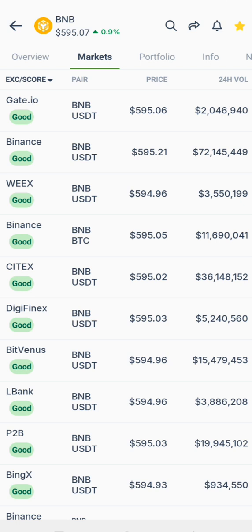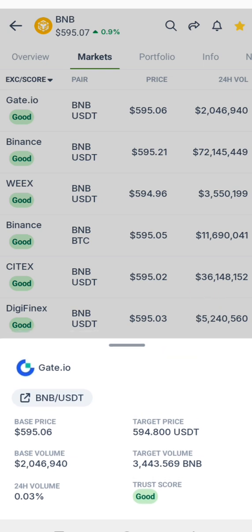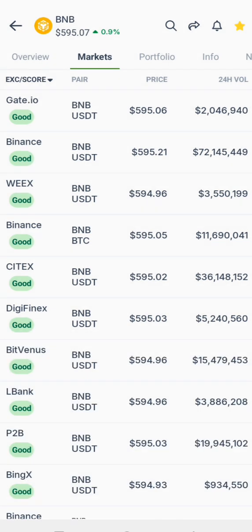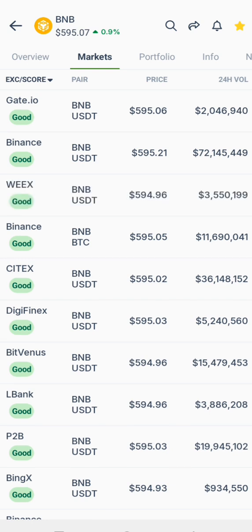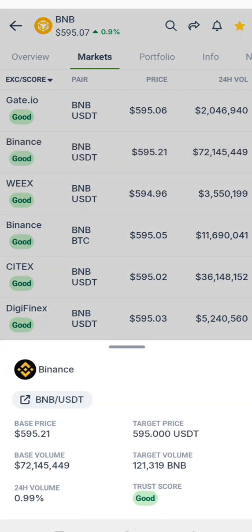So let's go to the main market. So these are the main markets rating. These exchanges are rating this market good. For example, this Gate.io, they are rating this coin good. So all these exchanges you are seeing here are among the top 10 markets.